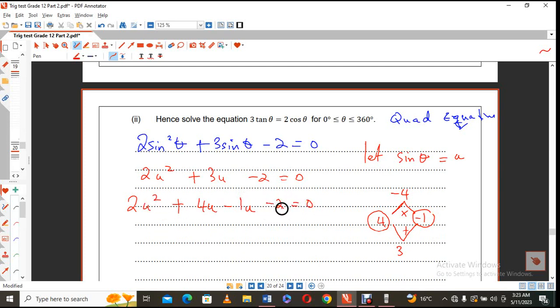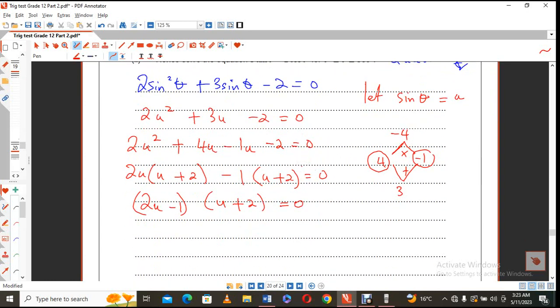Now I have got 4 terms, and I can factorize by grouping the like terms together. You should have exactly the same bracket, so minus 1 is a common factor over there, so it's 2u minus 1 in one bracket, u plus 2 in the other bracket, and we can go ahead and solve for u.